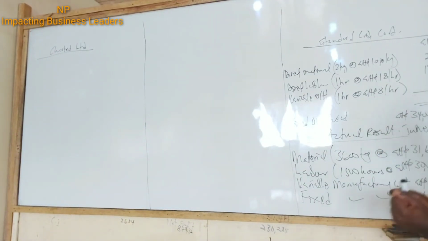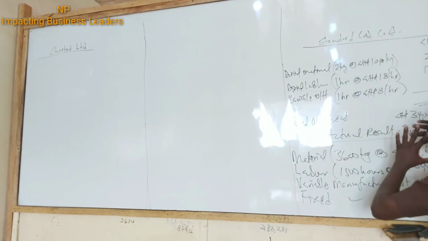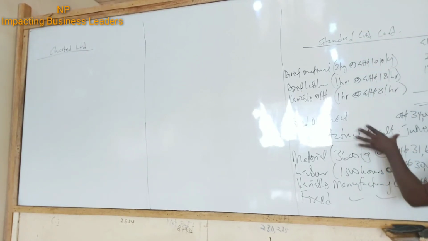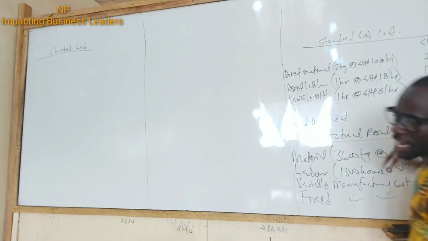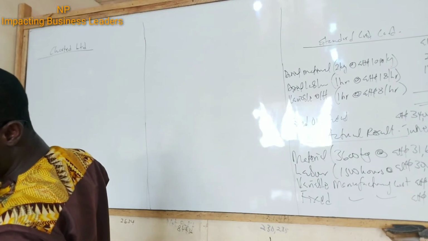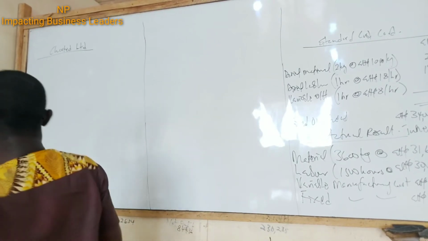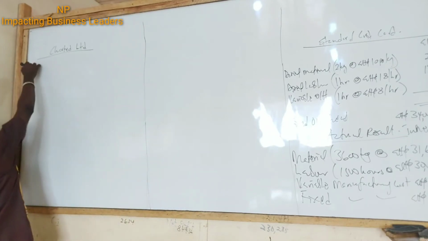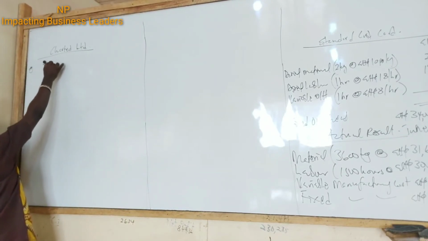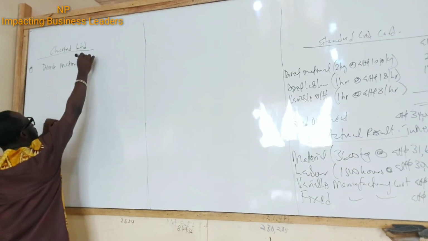In every variance question, there is the standard, which is the budget, like the standard we set for ourselves, with the actual. Then it says compute the material quantity and the price variance. That's the first aspect. So direct material variance.